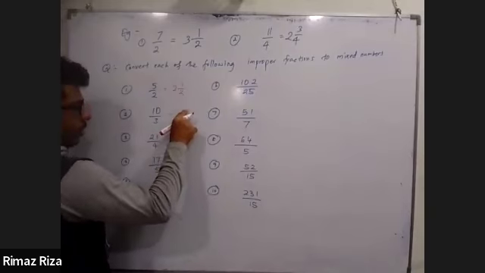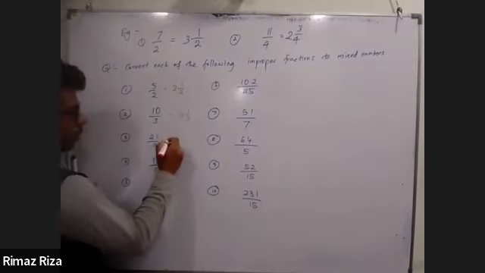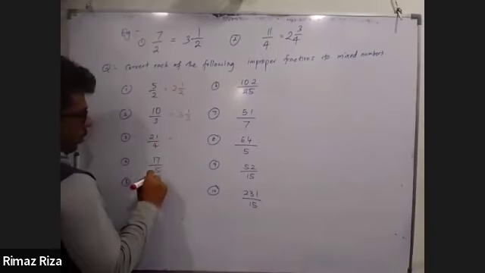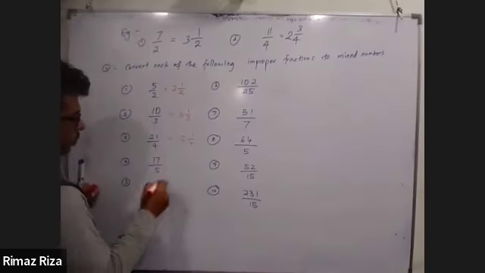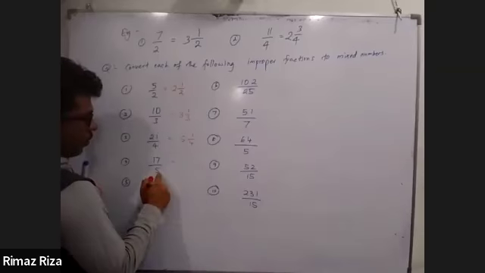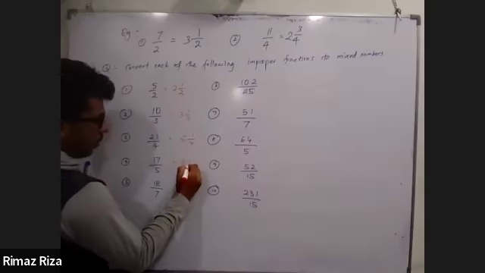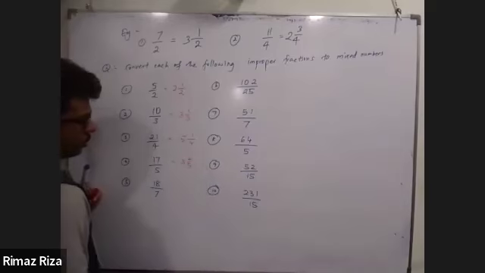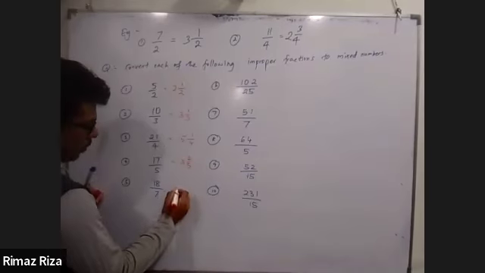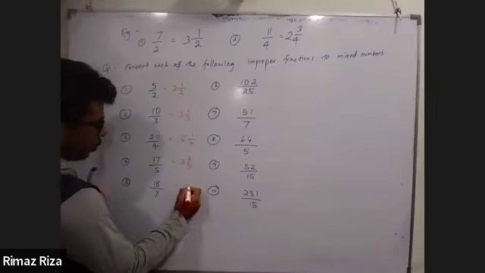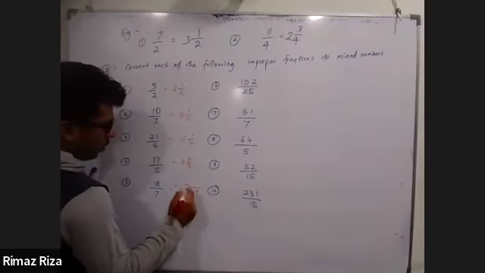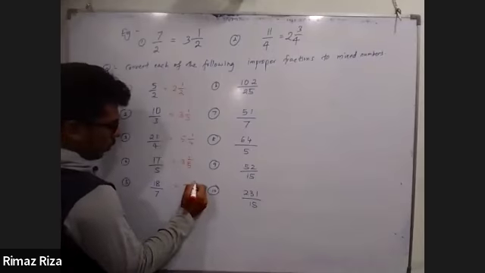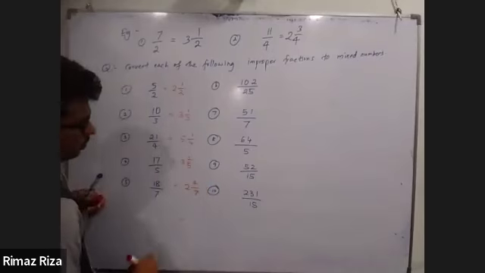So 3 into 3, 9, remainder 1. And here 5 into 3 is 15 and 2. And 7 into 2 is 14 and another 4.